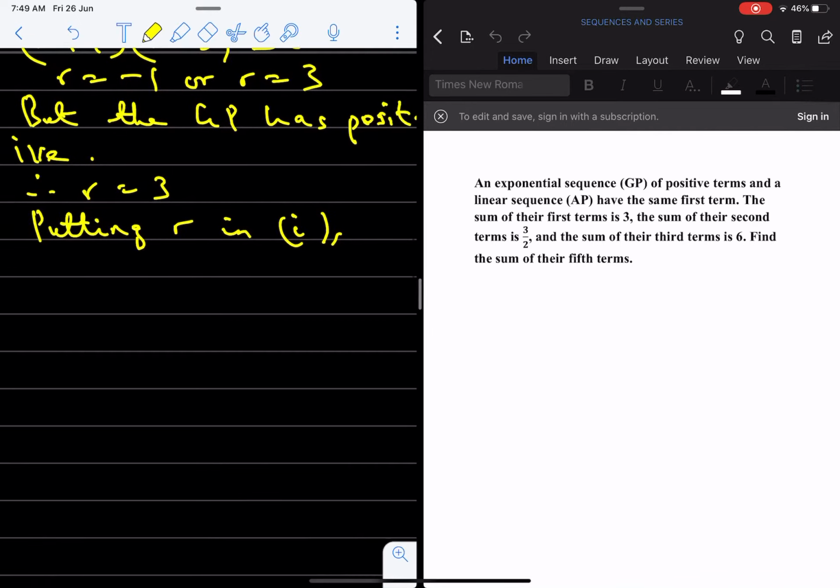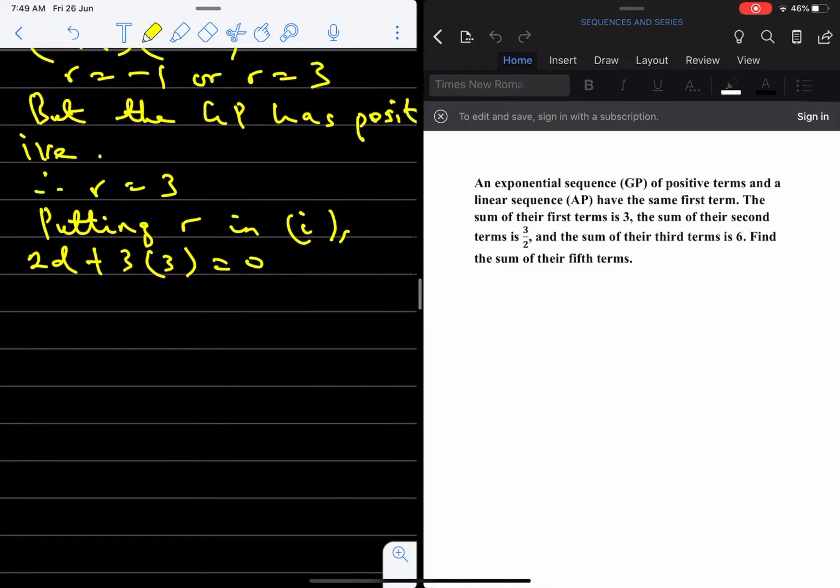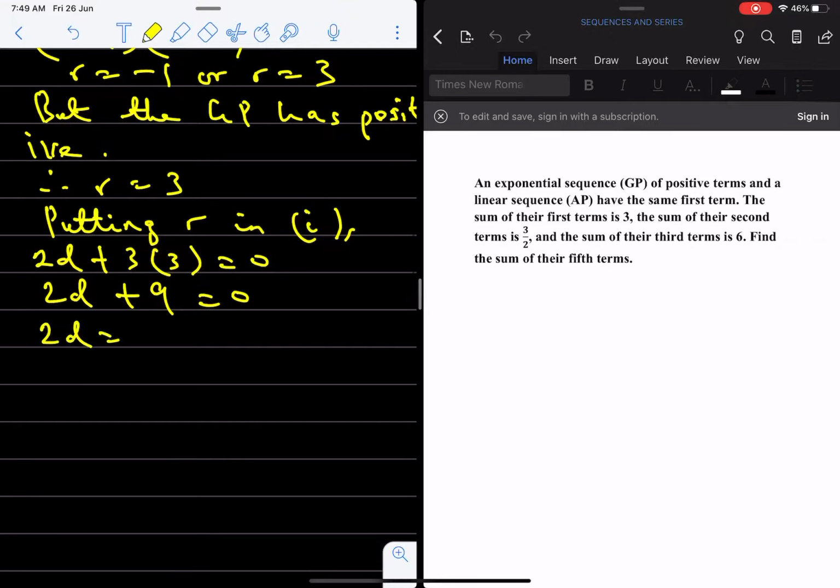That means 2D plus 3 times 3 equals 0, which means 2D plus 9 equals 0. And that means 2D equals minus 9, which means D equals minus 9 over 2.